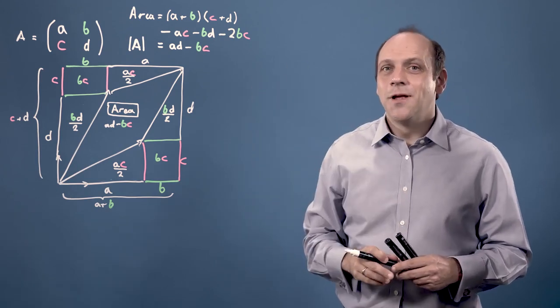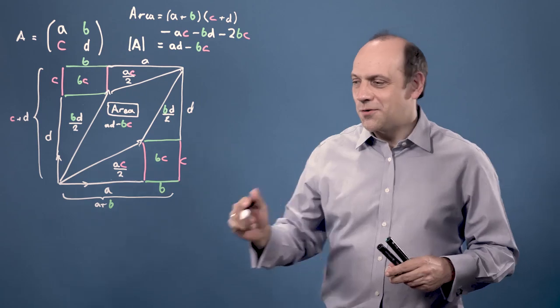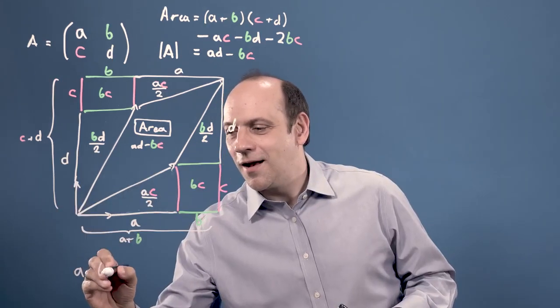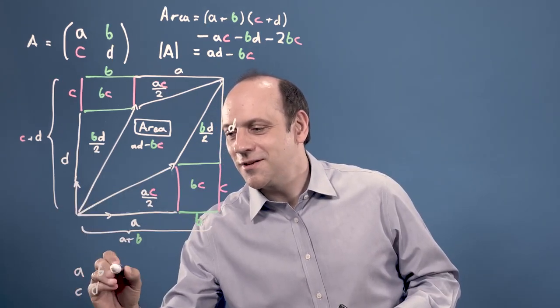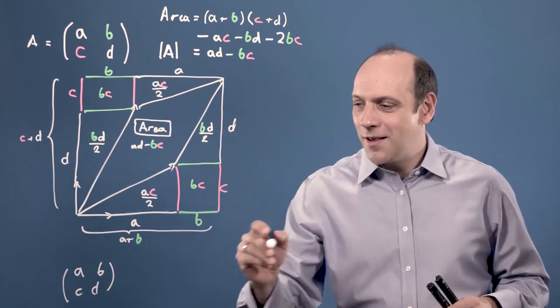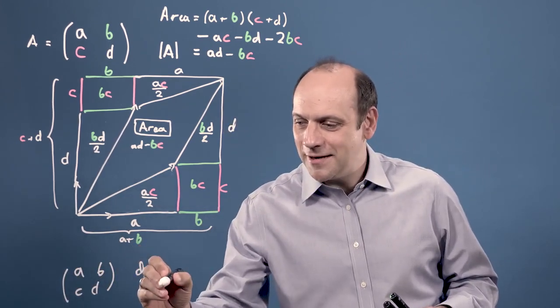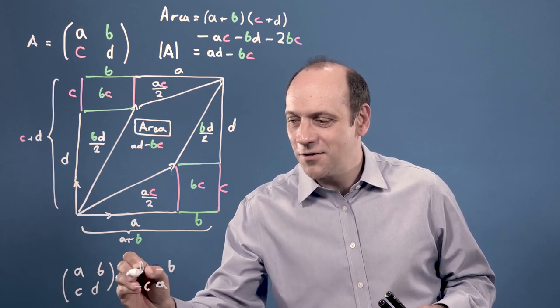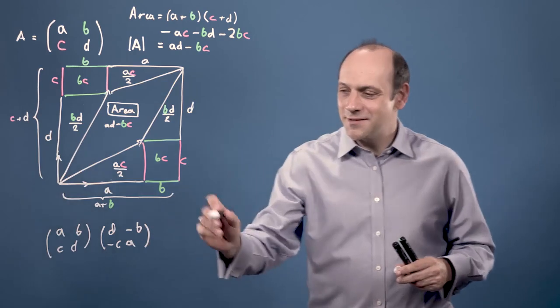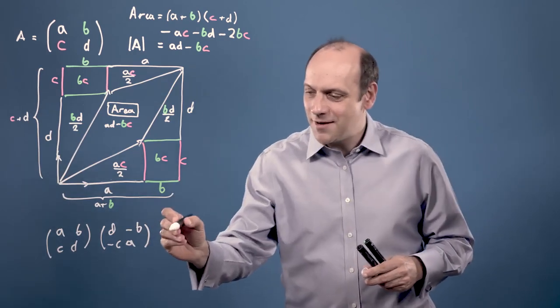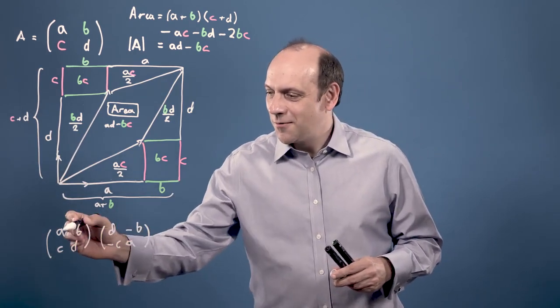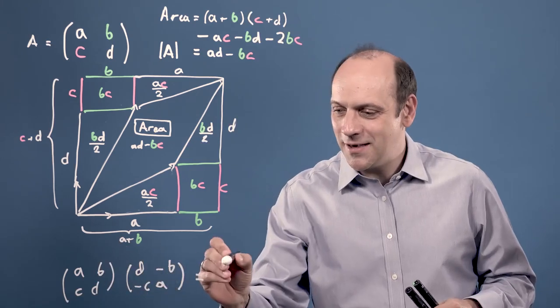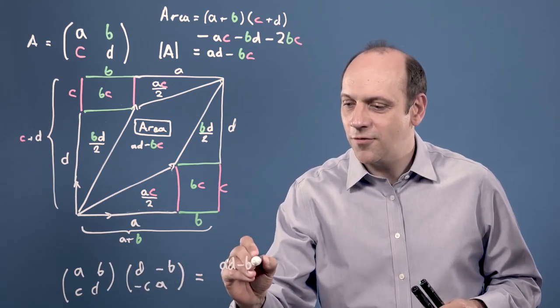Now in school, when you looked at matrices, you probably saw that you could find the inverse of a matrix like [A, B; C, D] by flipping the terms on the leading diagonal and taking the minus of the off-diagonal terms for a 2 by 2. So let's do that and see what we get. When we multiply that out, we get AD minus BC. Interesting.